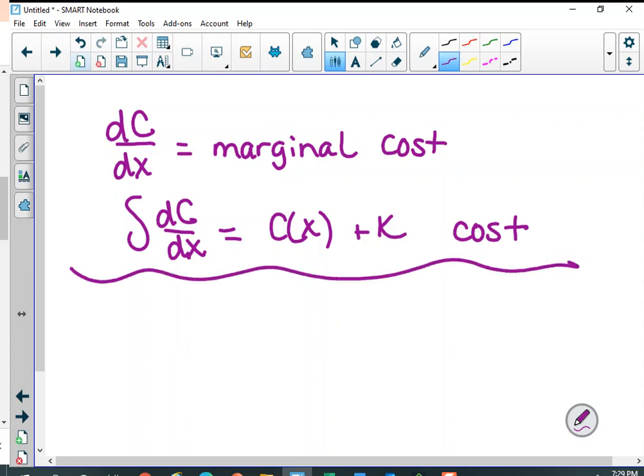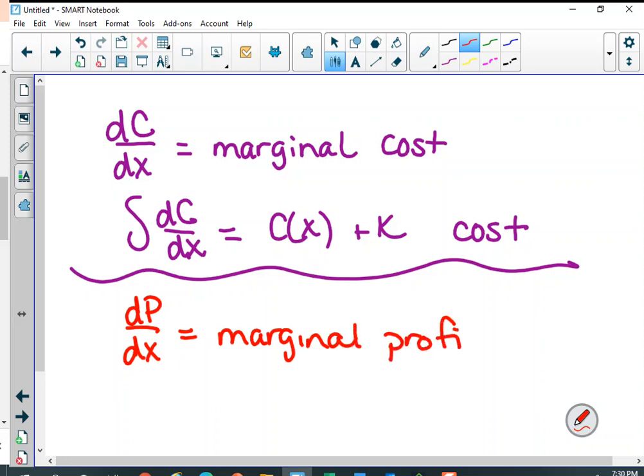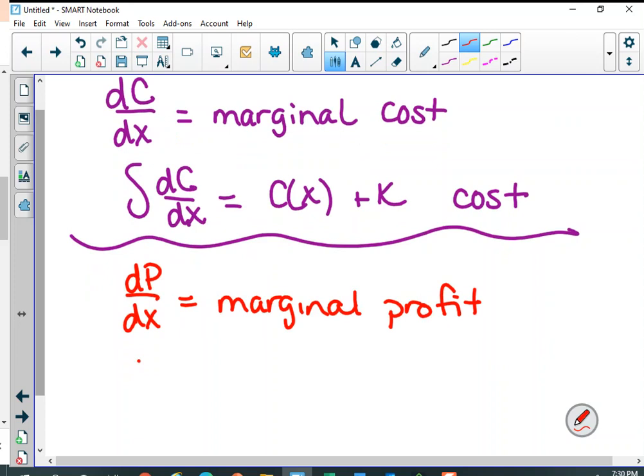And similarly dP/dx for marginal profit, which we can use to find a profit function, and dR/dx for marginal revenue.